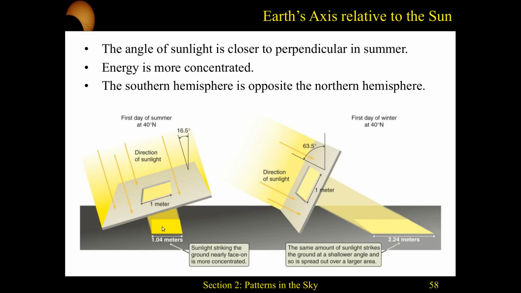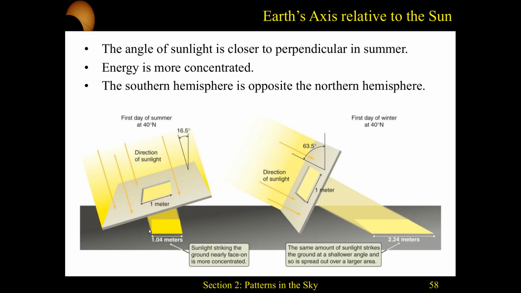Now when you're in the wintertime, you're at the point of the Earth that's tilted further away. Once again, it's not the distance that matters here, it's that angle. When we're tilted further away, the same radiant energy is coming in, but it's being dispersed over a bigger area. Summertime, that energy is concentrated.